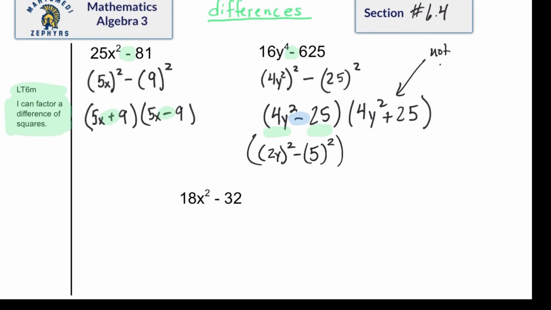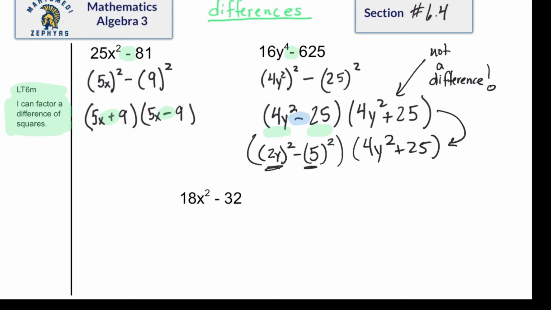Notice our second binomial is addition, so it is not a difference of squares. That binomial will remain unchanged, but I can still break the first binomial into two parts. Okay, the second binomial remains unchanged.